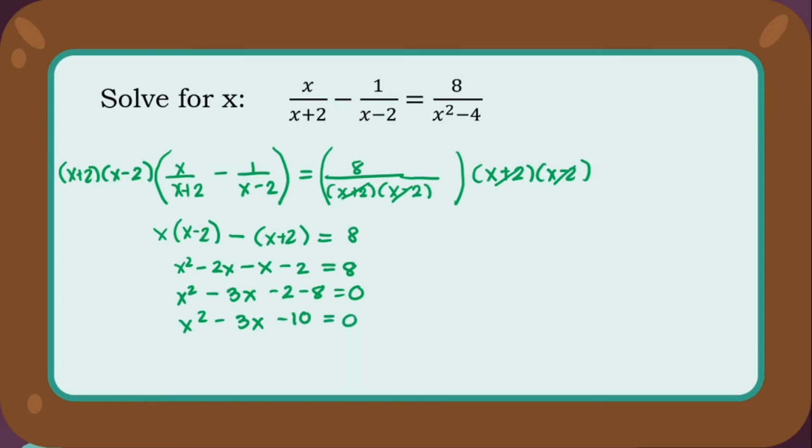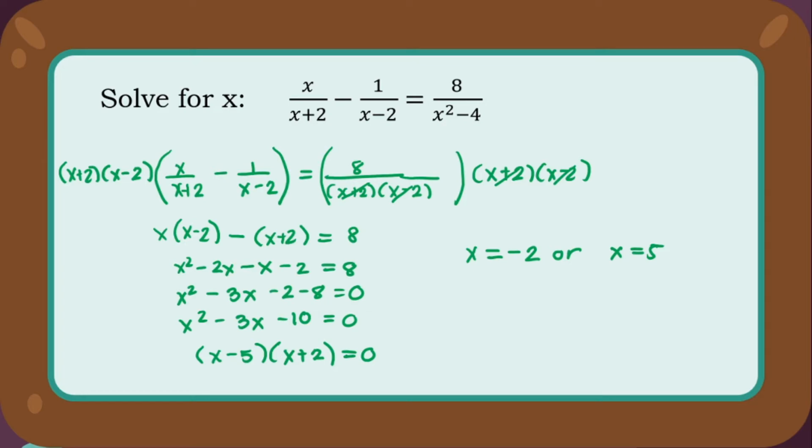And then, we can now factor this. What is the factor of this equation? It is x minus 5 times x plus 2 is equal to 0. So, we have the values x equals negative 2 or x equals 5.